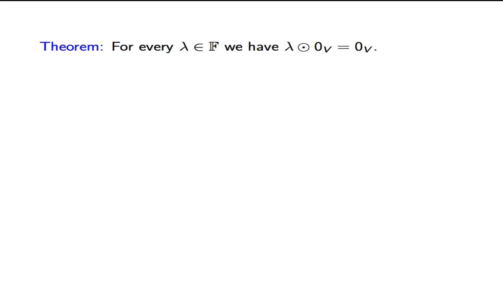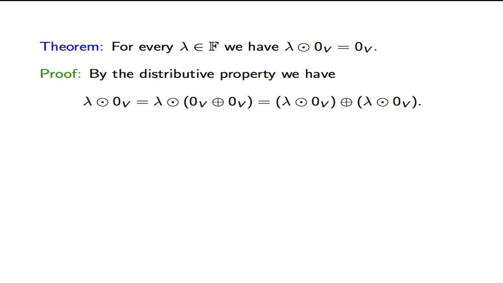And our final result says that if we take any scalar lambda in the field, then lambda times the 0 vector is equal to the 0 vector. To prove this, let's start with lambda times 0. This is equal to lambda times (0 plus 0), since 0 is the additive identity. By the distributive property, this is lambda times 0 plus lambda times 0.